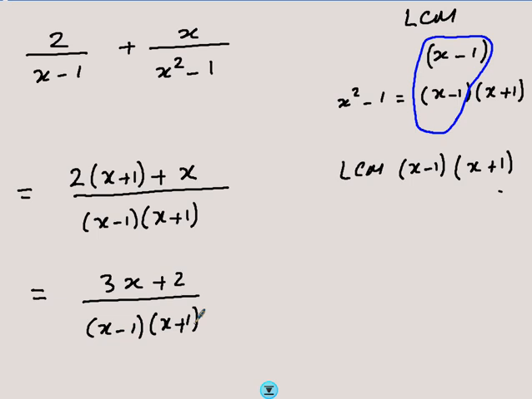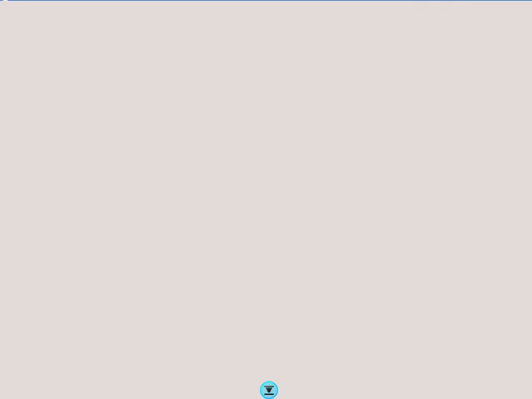However, sometimes you may end up with more complicated expressions whose lowest common multiple you need to find out. For example, what if you want to find the lowest common multiple of x squared minus 4 and, let's say, x squared plus 5x plus 6.